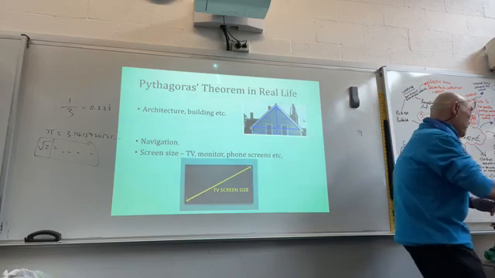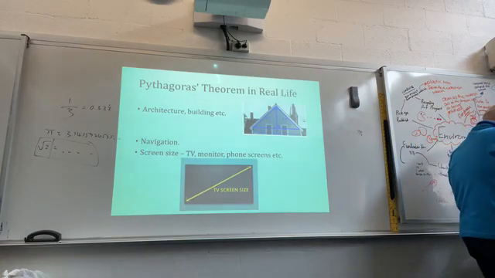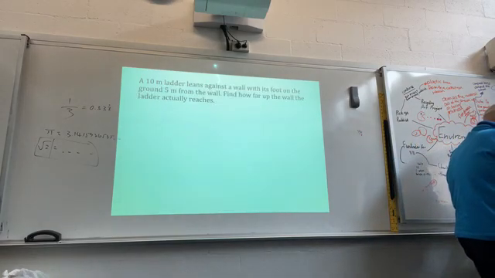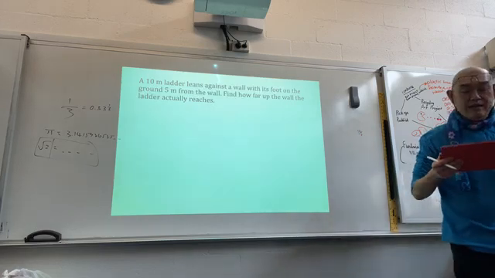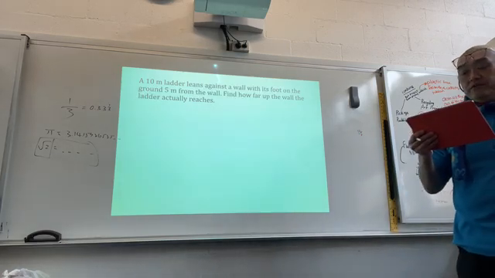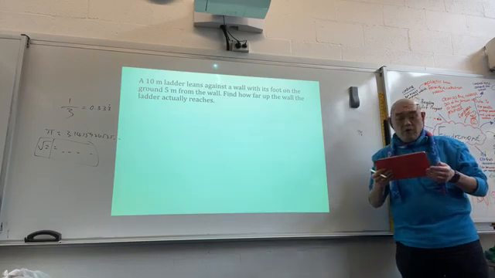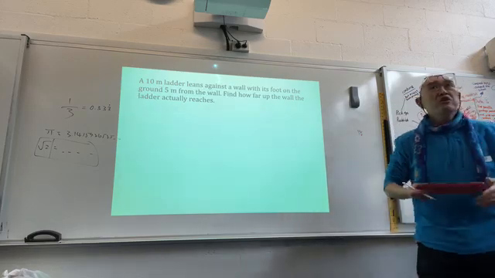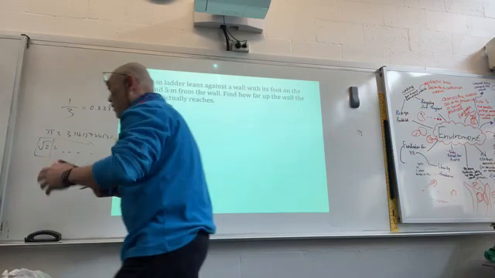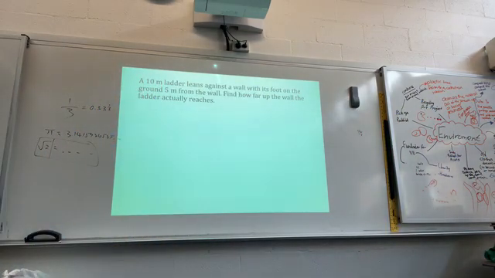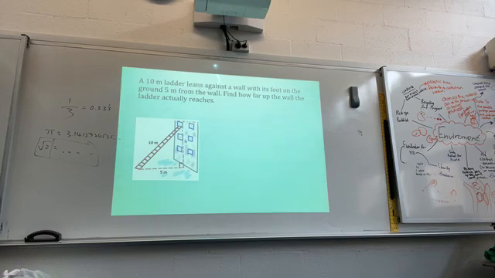All right. So now to some examples. A 10-meter ladder leans against a wall with its foot on the ground 5 meters away from the wall. Find how far up the wall the ladder actually reaches. So you know that the wall and the ground is 90 degrees, correct? And the ladder is leaning on it. In this sort of situation, what I would do is draw a sketch.